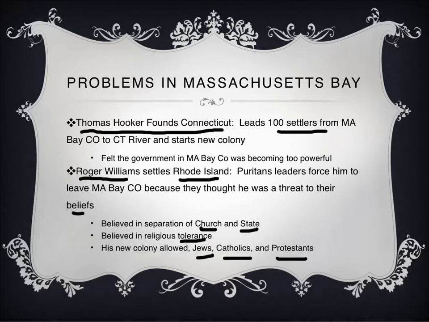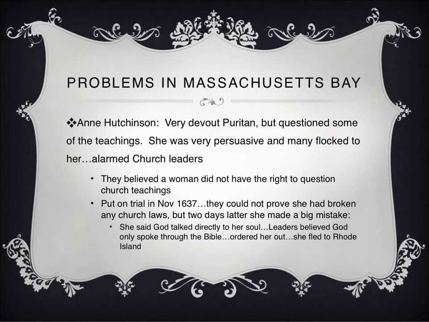So now we've talked about Massachusetts, Connecticut, and Rhode Island. Before we talk about the last colony, though, I want to talk about Anne Hutchinson. All right? Anne Hutchinson, she's a very devout, very, very religious woman, but questions some of the church teachings. She's very persuasive. People flock to hear her talk.